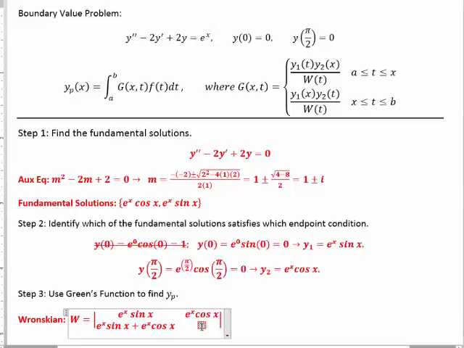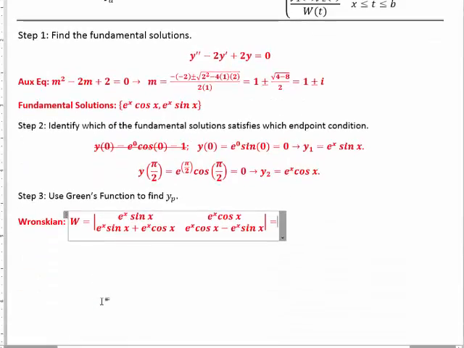Similarly over here, e to the x cosine x plus e to the x times negative sine x. And so we want to get the determinant of this. So we have e to the 2x sine x cosine x.